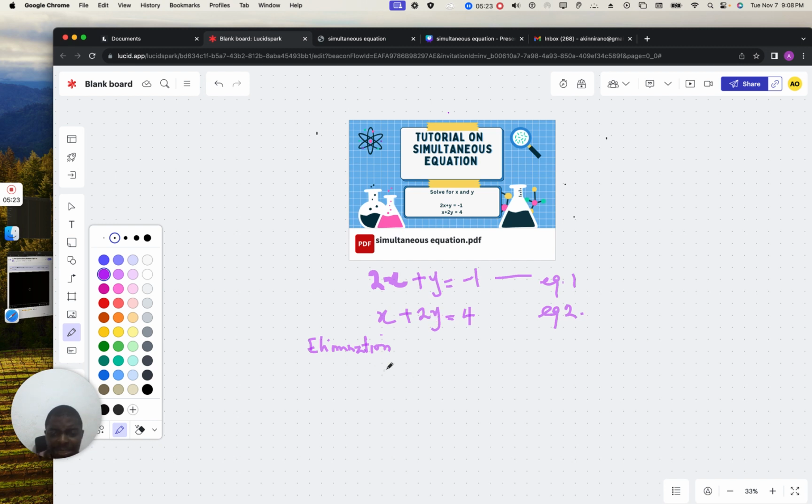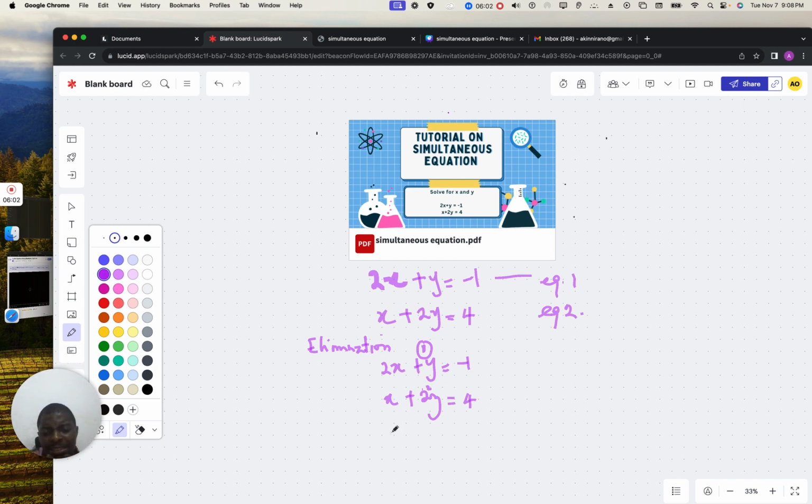Look at this: 2x plus y is equal to minus 1. The coefficient of y, closer to the equal sign, is 1. Now if you look at x plus 2y is equal to 4, the coefficient here is 2. So for the elimination method, you multiply equation 1 by 2 and equation 2 by 1.